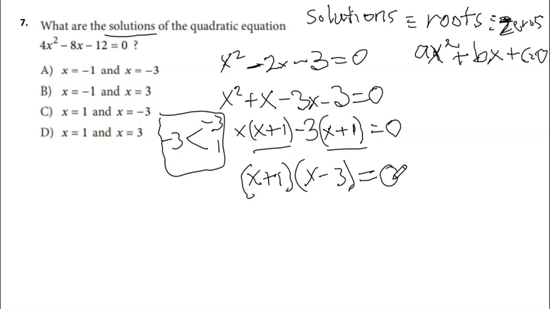Because this is equal to 0, what can make this 0? This can become 0 when either x plus 1 is equal to 0, because if you multiply this by 0, whatever this is, it's going to make the whole thing 0, or x minus 3 is equal to 0.